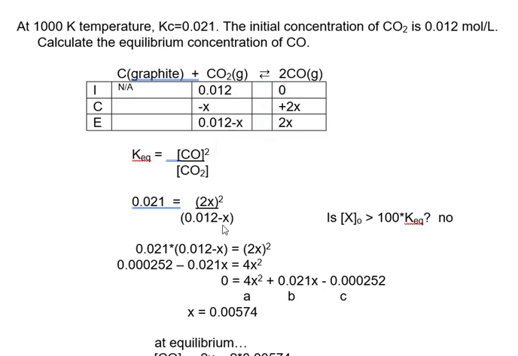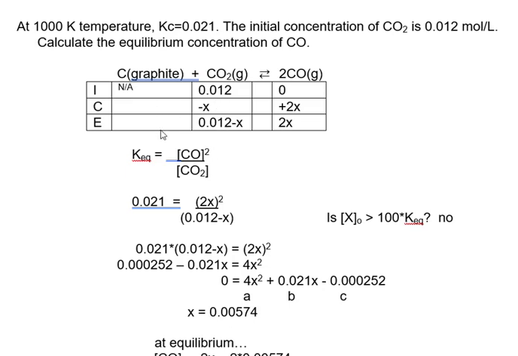And now we could simplify our math and ignore this minus x in the denominator, perhaps. In other words, is the forward direction, or is the amount of product produced negligible enough to cause a significant or reasonable difference or loss in the initial concentration of CO2?